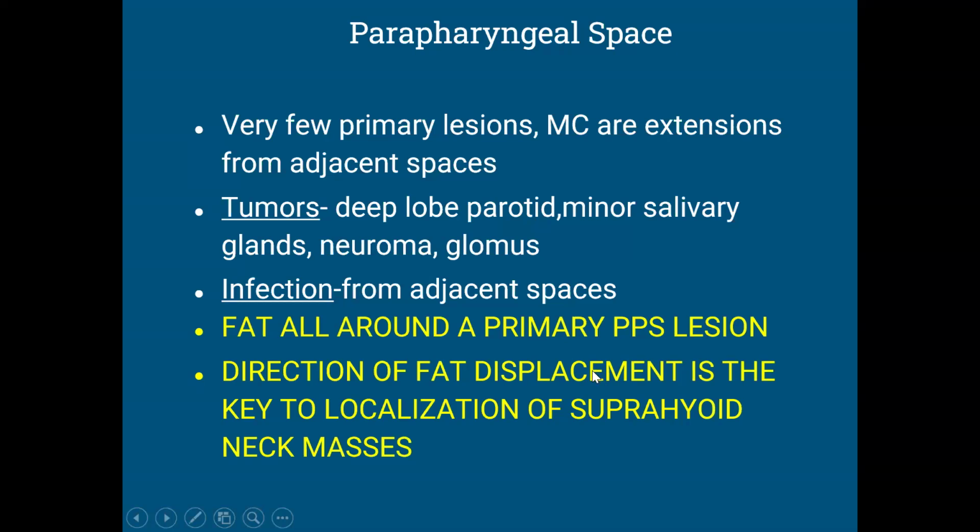And if, like in most cases, we have pathology extending from an adjacent neck space, then the direction of fat displacement is the key to the localization of that suprahyoid neck mass. Based on which space is involved, the parapharyngeal fat will be displaced accordingly, and that can give us a clue to the area of origin.